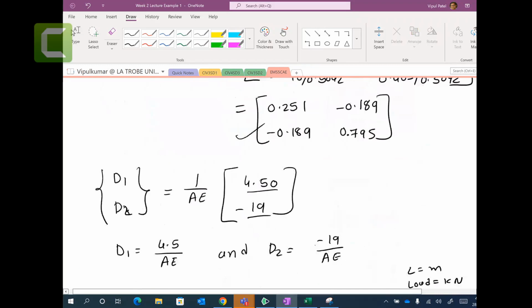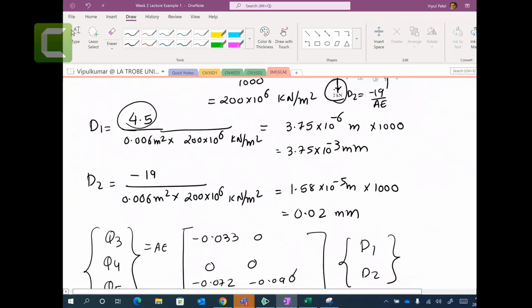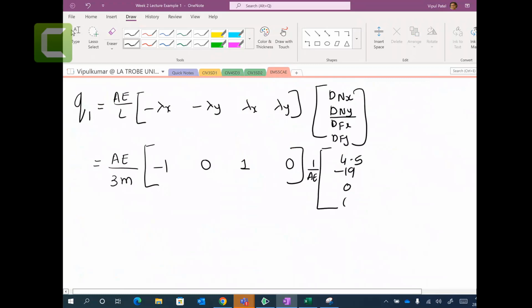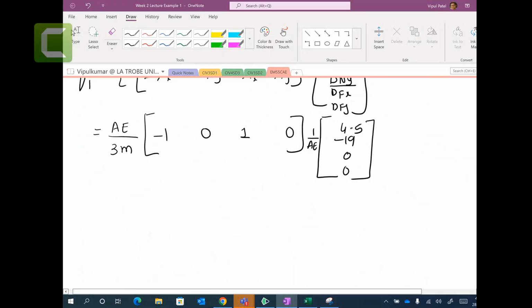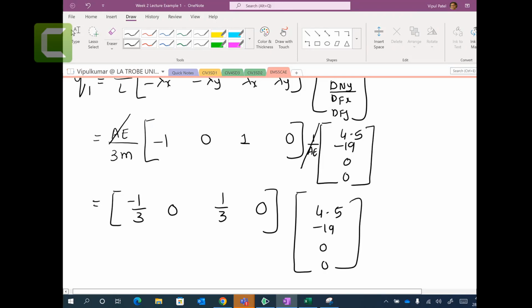Here D3 is 0, D4 is 0, D5 is 0, D6 is 0. Far node, D3 and D4 are 0. Let's cancel this. So minus 1 over 3, 0, 1 over 3, 0, and 4.5, minus 19, 0, 0.